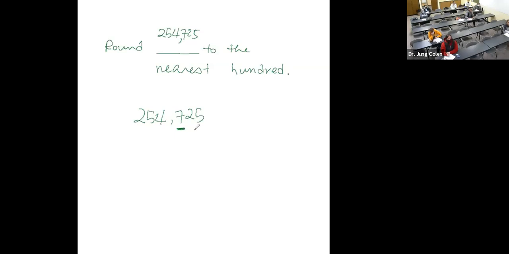Then you need to look at the next digit, whether it is greater than or equal to 5 or less than 5, right? If it is greater than or equal to 5, you need to round up. If it's less than 5, you need to round it down.